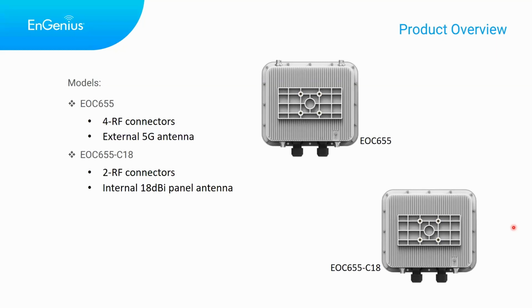Any signal performance downside of EOC 655-C18 setup behind glass windows between two towers? So like our usual radio connection, because of physics, you may have refraction if there are glass windows between your deployment. As much as possible, if you're going to set up point-to-point links, we want the radio to have line of sight and no obstructions.